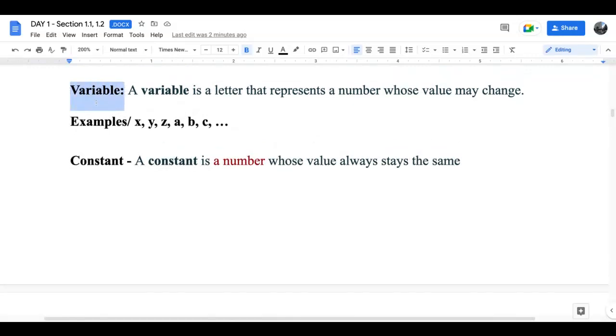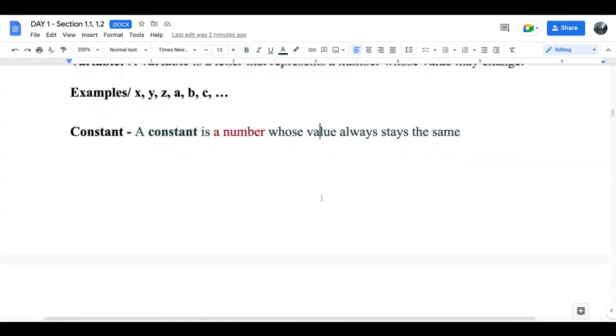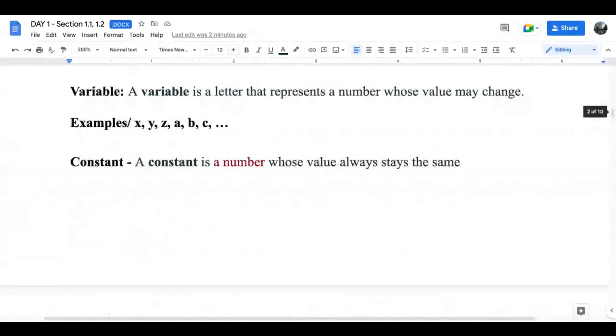Variable means it changes, right? Constant means it doesn't change. So a constant is a number whose value always stays the same. If we talk about 2, the same number, 2 is just 2, forever 2. Half is forever half, right? It won't change. It will always be that.